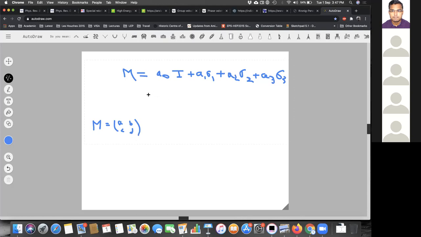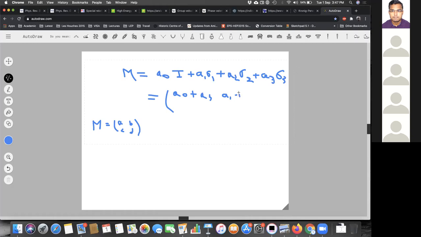Now, what is this matrix, for example? If you just explicitly substitute the matrices, the identity matrix, the sigma matrices, and all these things, M will look like A0 plus A3 and A1 minus iA2.